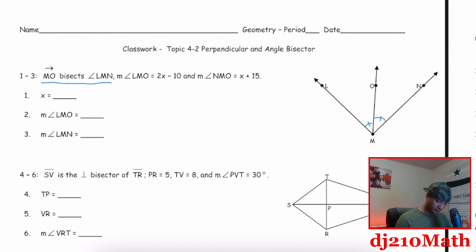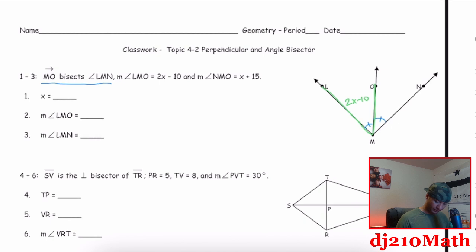LMO is 2x minus 10. NMO, the other side, is x plus 15. Okay? So let's figure out what x is.